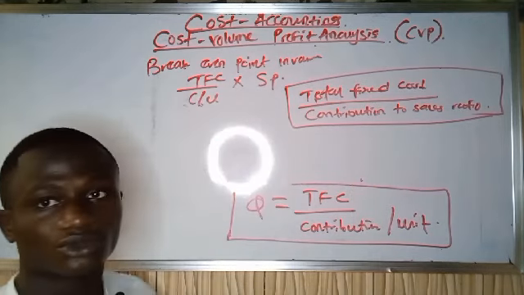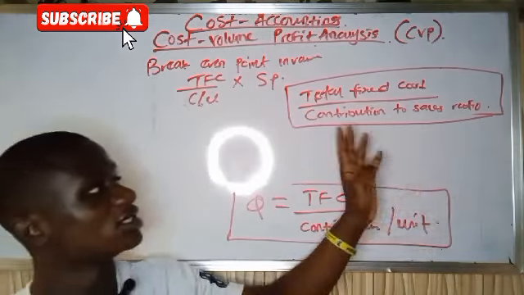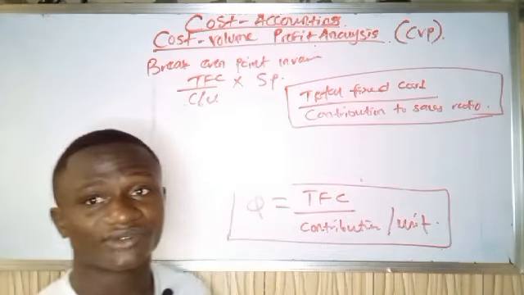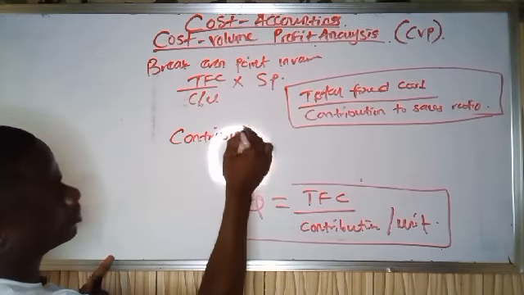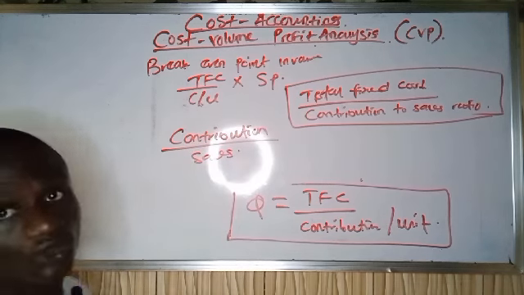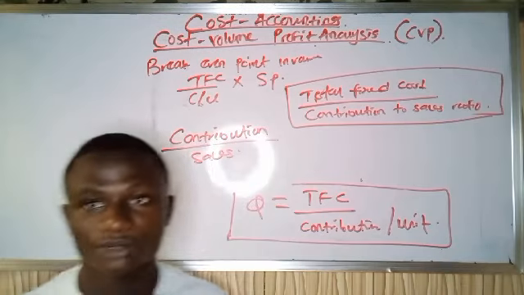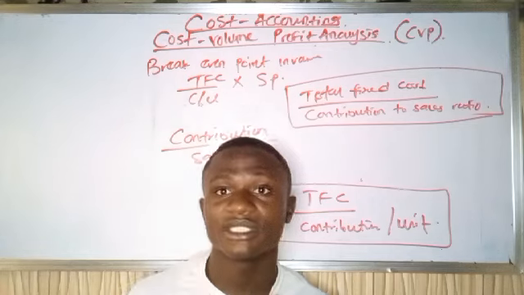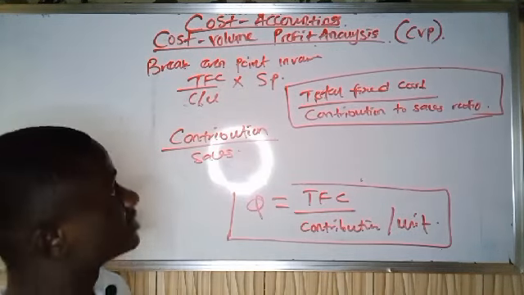Don't worry, when we start to solve and connect all these formulas together, you will understand. So the formula is total fixed cost divided by contribution to sales ratio. So how do you get your contribution to sales ratio? It is very simple. From the way the formula implies, it is contribution over sales, so the contribution per unit over the sales per unit. Then if you divide your total fixed cost by it, you get your break even point in value. So that is that about that.